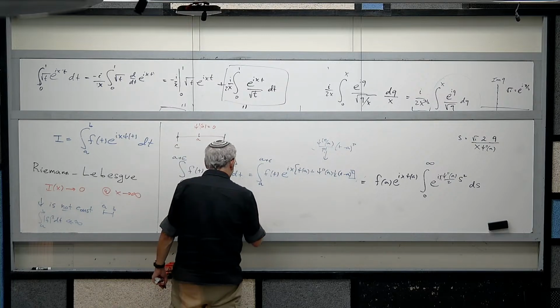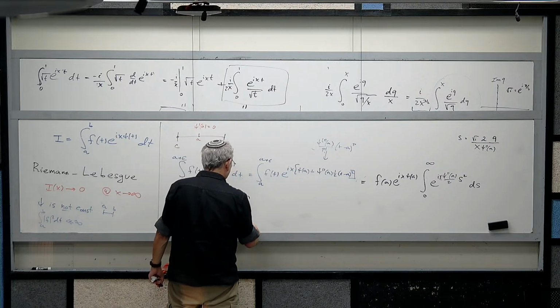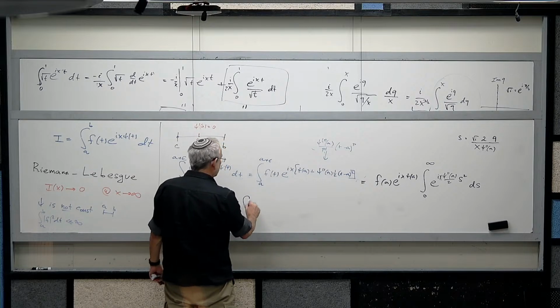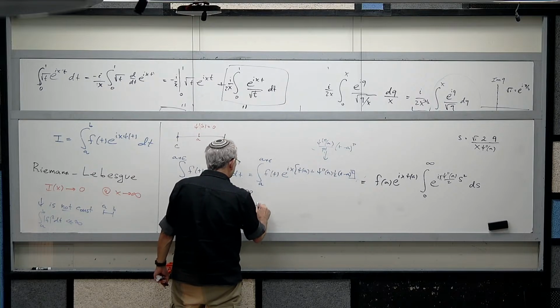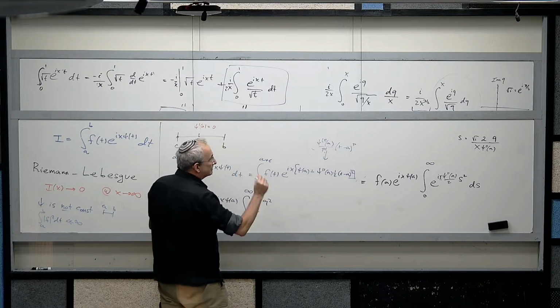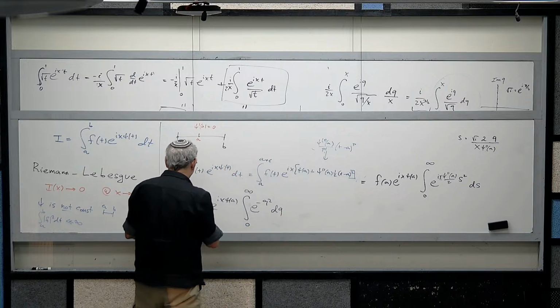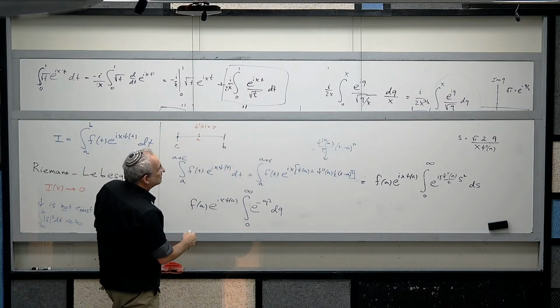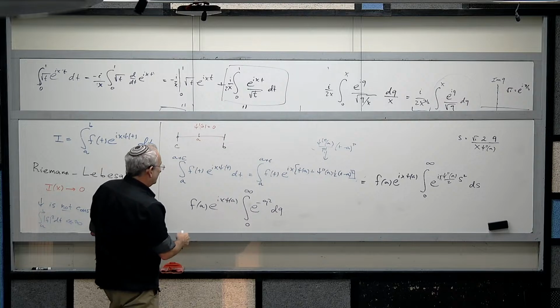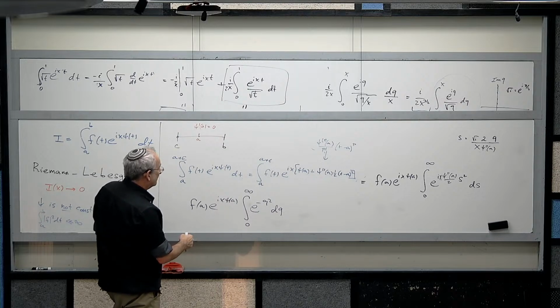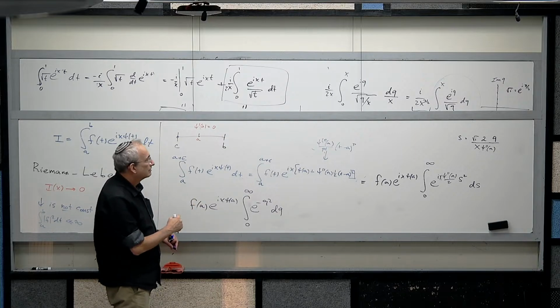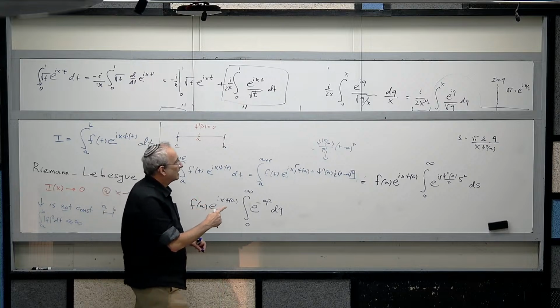So now I have an integral from 0 to infinity of e to the minus q squared times dq. But wait, we have other factors here. Why is it minus? Because i squared is minus 1. No, the i squared is cancelled with the i inside the exponent. s squared is i times a.